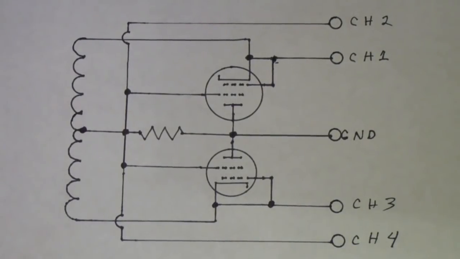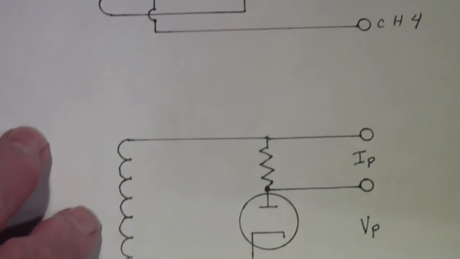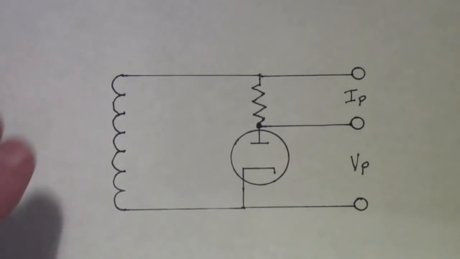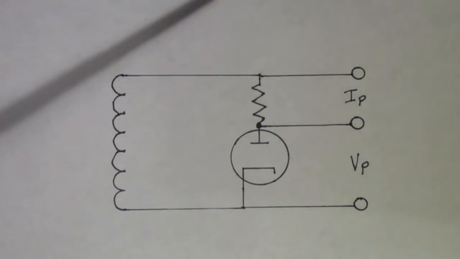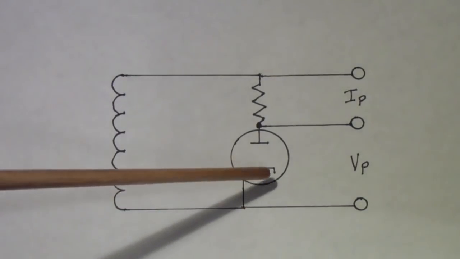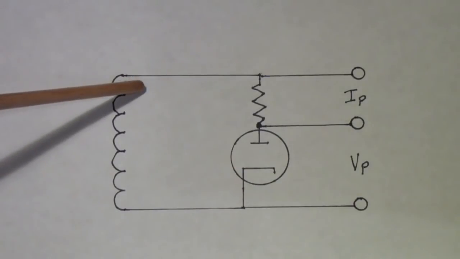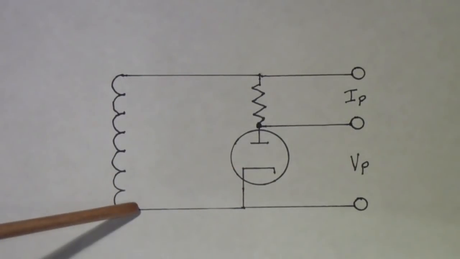Let me show you a simplified diagram of that. It might make it a little clearer what we're doing. If you just look at a simple diode and you apply an AC voltage across a diode, as you know, current will only flow when the top is more positive than the bottom.